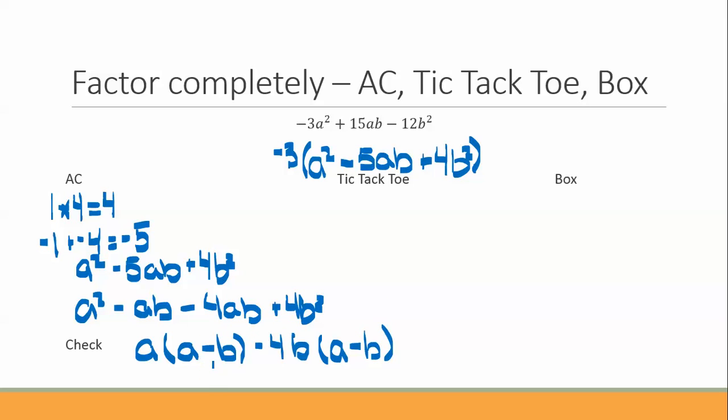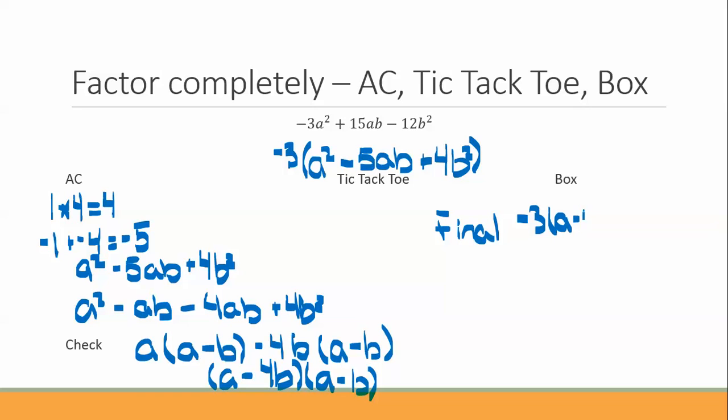And now we combine like terms. So we have a minus 4b times a minus b. Our final factoring, we need that negative 3 in there, so the final factoring is going to be negative 3 times a minus 4b times a minus b.